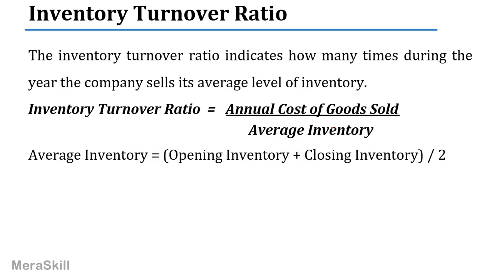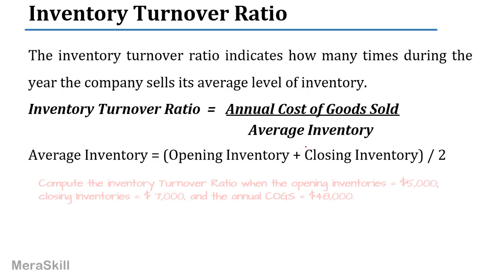What is average inventory? We take opening inventory plus closing inventory divided by 2 in case there has been a change in the level of stocks. So it is better to take what we think would have been held throughout the year, which may not exactly be the opening, may not exactly be the closing, but an average of 2 is assumed to be indicative.